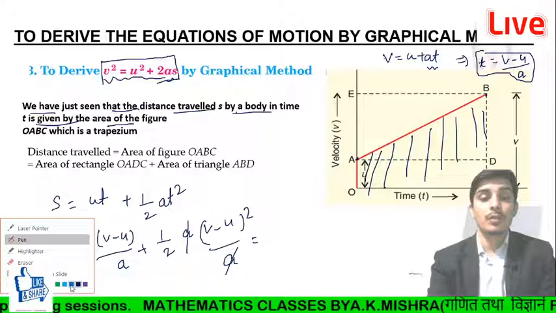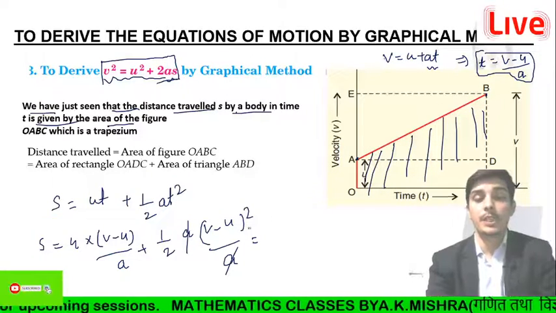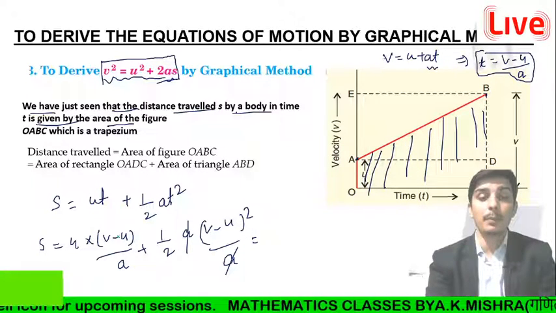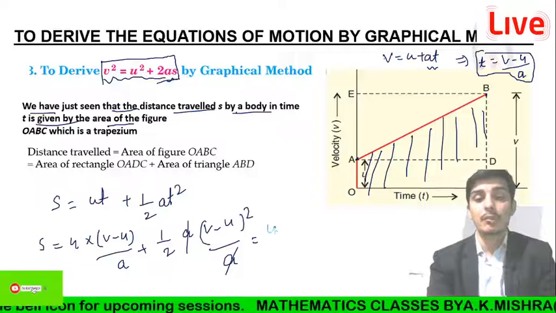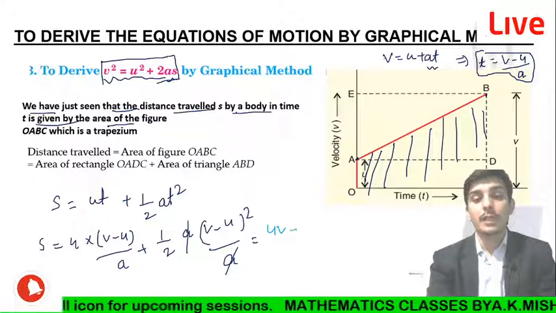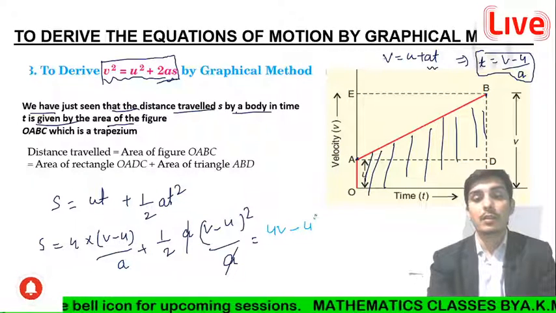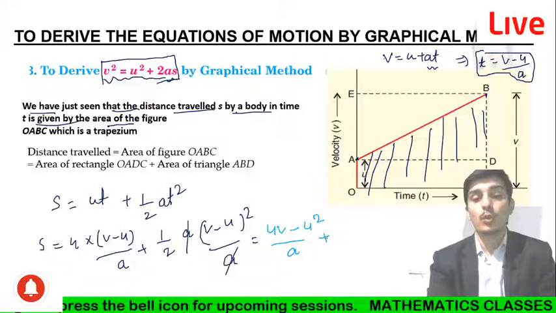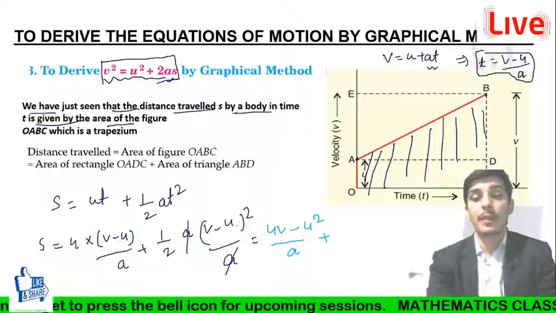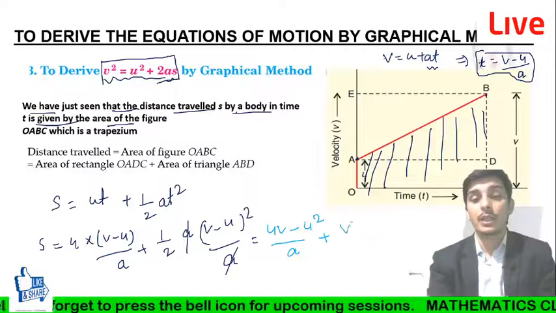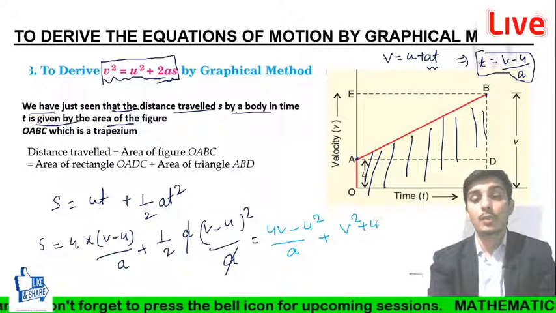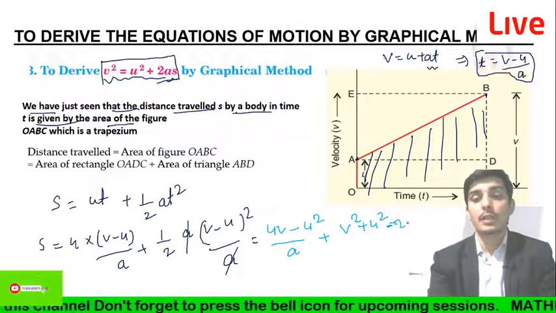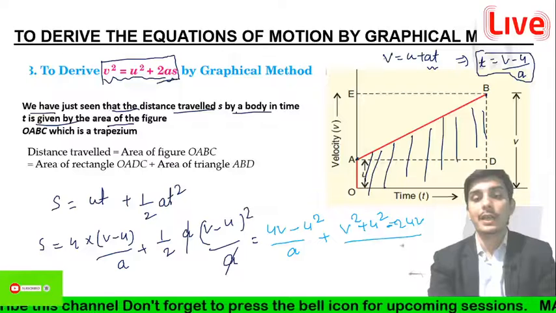Very good. Now I am going to multiply, and after multiplying we can write uv minus u square, divided by a, plus, after opening the bracket, v square plus u square minus 2uv, and divided by a.